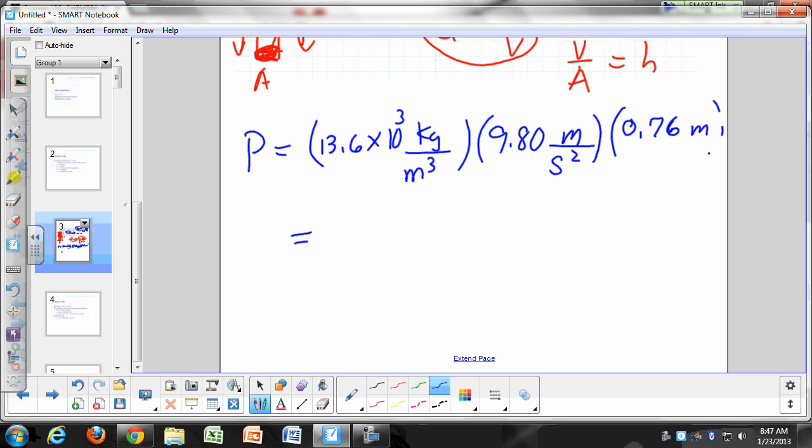And if you calculate that, that gives you how much? We'll just do 2 sig figs.